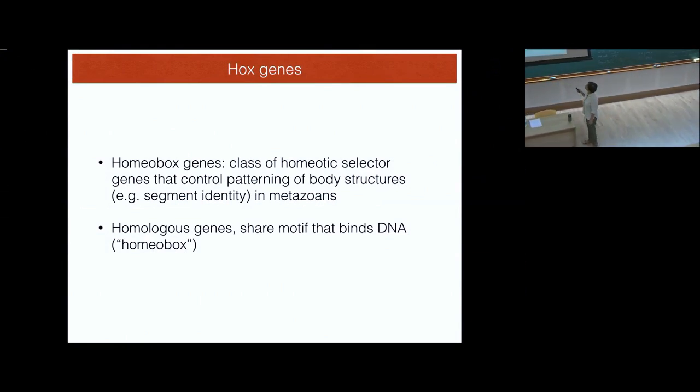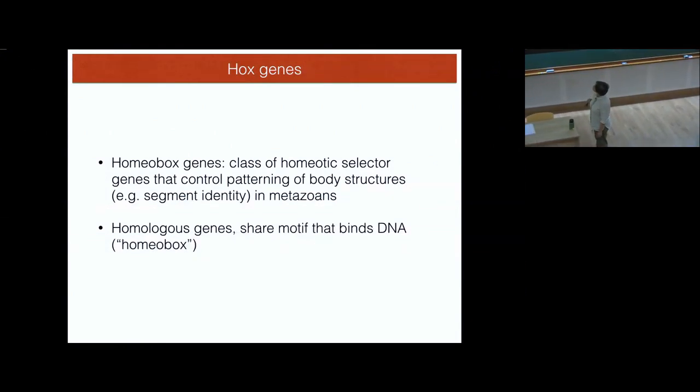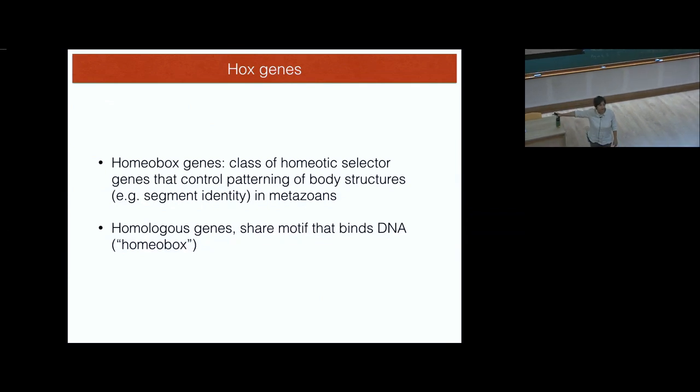Don't worry about the terminology. Basically, these are sets of genes that control patterning of body structures, right? So segment identity, that my head should be on one end and the tail end should be the other end, and what comes in between and which segment comes after which other segment. Where should my limb develop, right? My limb should not develop from my middle segment. It should develop from this sort of more anterior segment and so on.